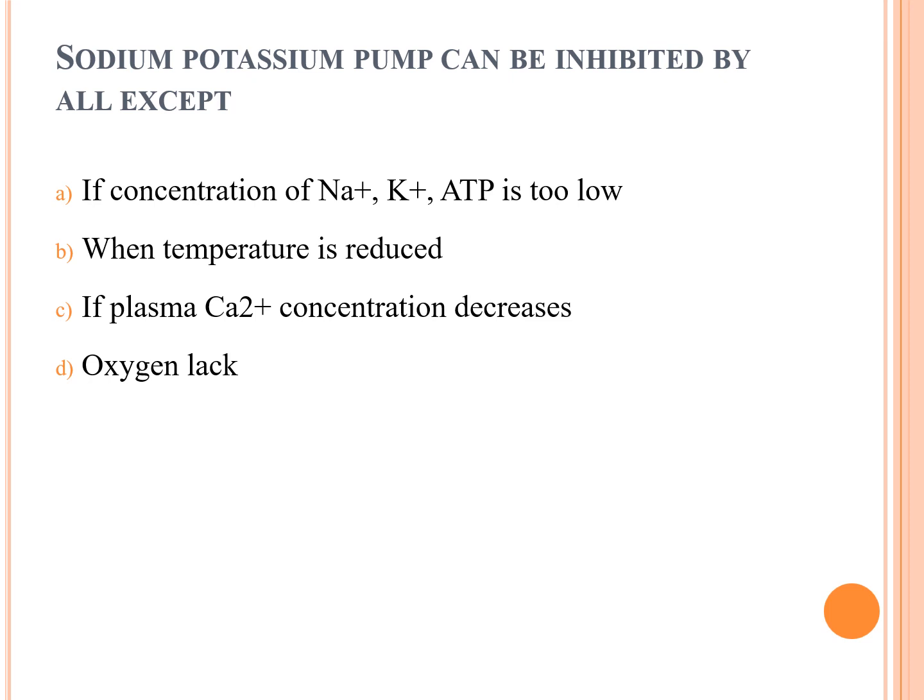All these substances will inhibit the activity of the pump. So the answer is, if the plasma calcium concentration decreases, nothing will happen to the sodium potassium pump. You know that normally intracellular fluid has low calcium concentration, so this will not affect the sodium potassium ATPase pump.